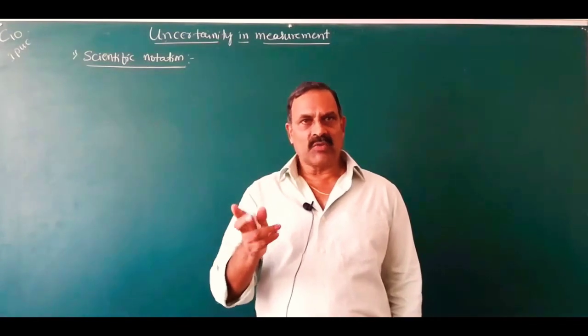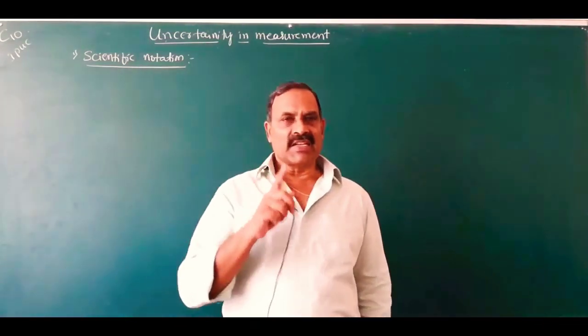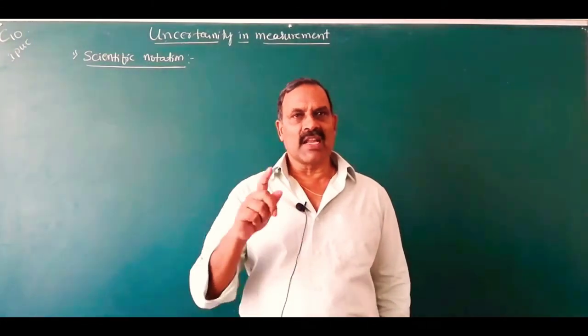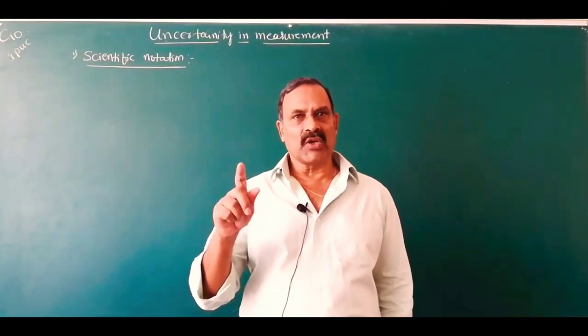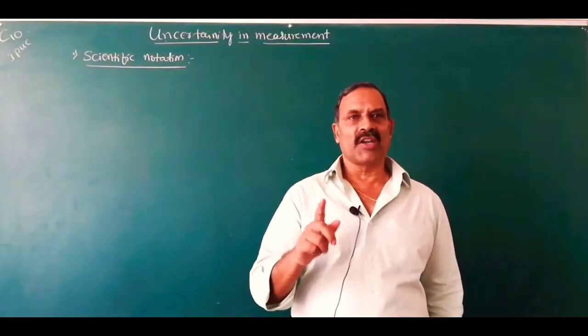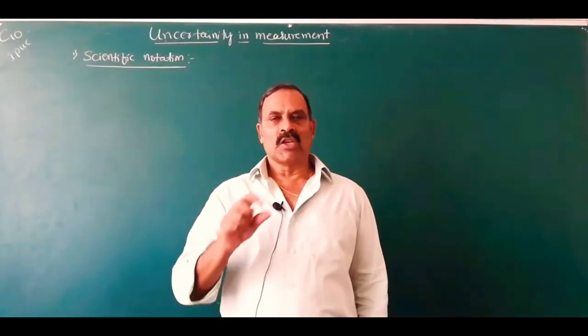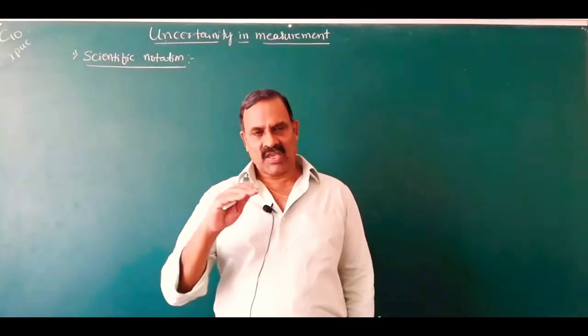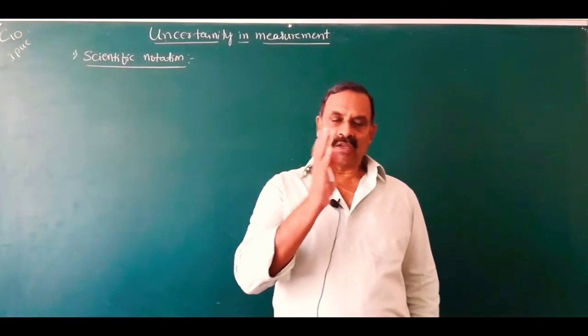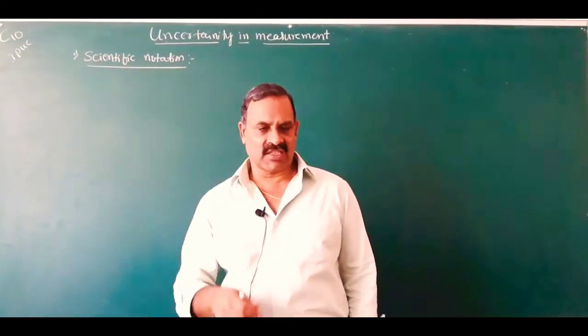The relationship between degree Fahrenheit and degree Celsius is degree Fahrenheit equals 9 by 5 into degree centigrade plus 32. It is also equal to 1.8 into degree centigrade plus 32. So from this equation we can convert degree Celsius into Fahrenheit or Fahrenheit into degree Celsius.